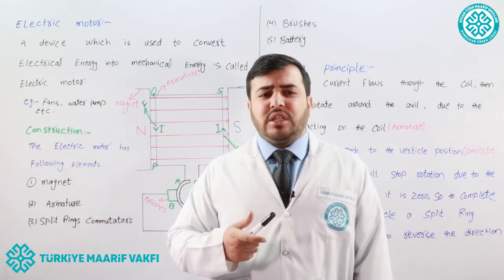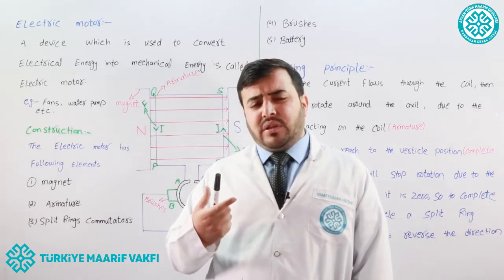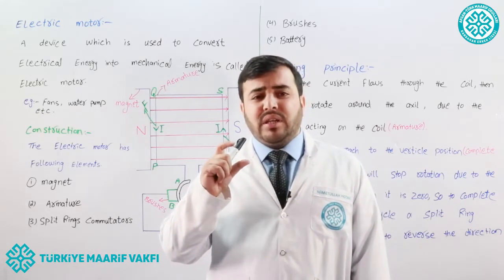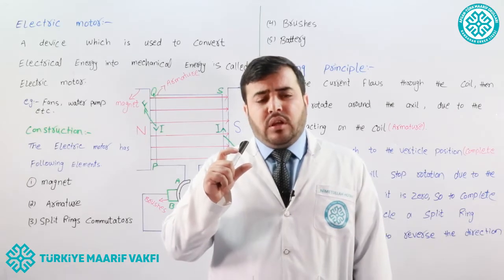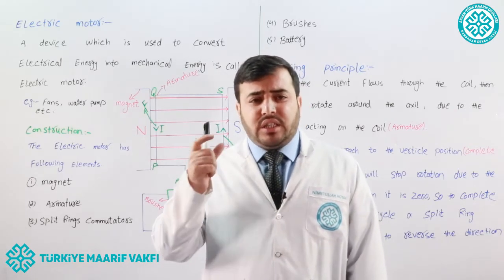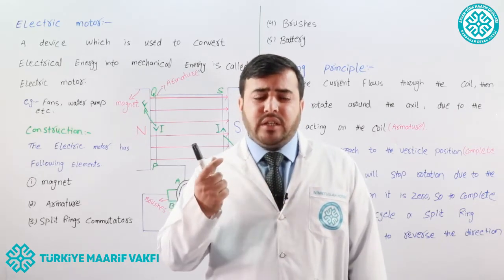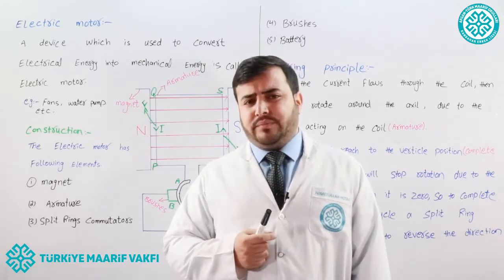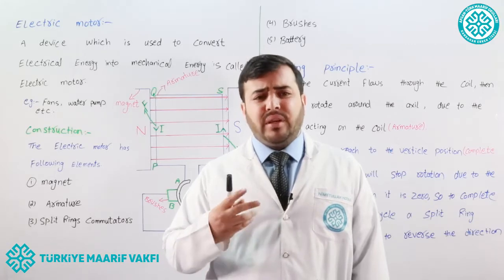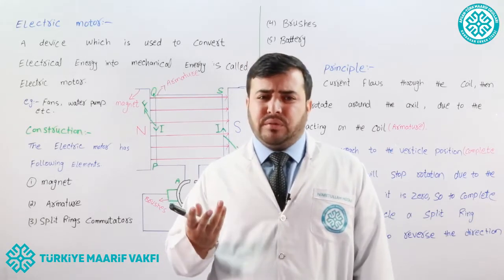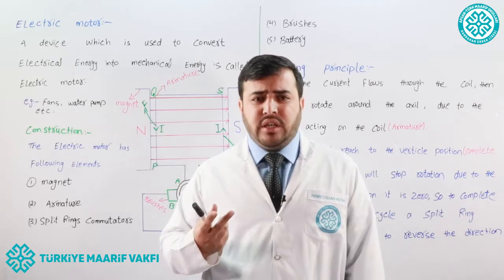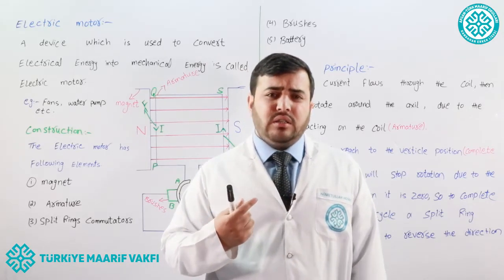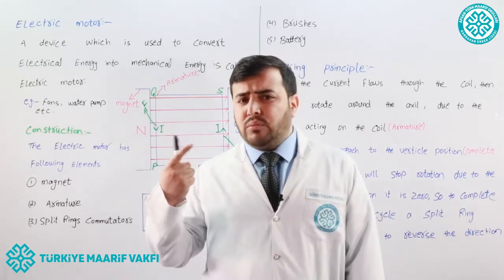Let me give you another example: a juicer or mixer. We provide electrical energy to that mixer and it converts that into mechanical energy. In the same way there are many examples like washing machines, ACs, air conditioners. So this was all the definition of electric motor.